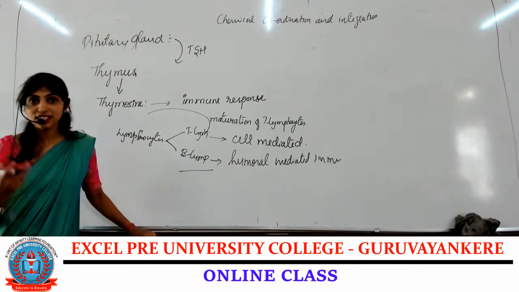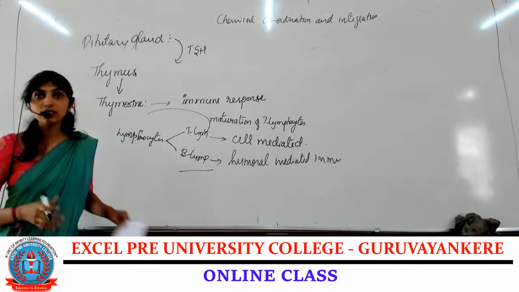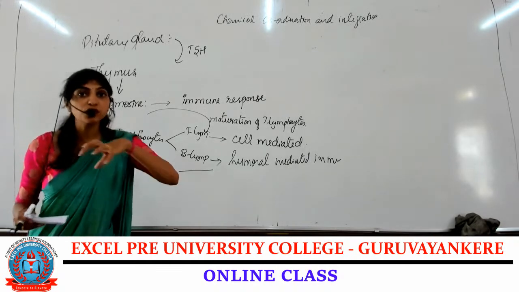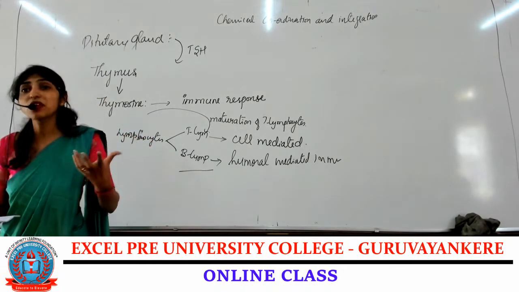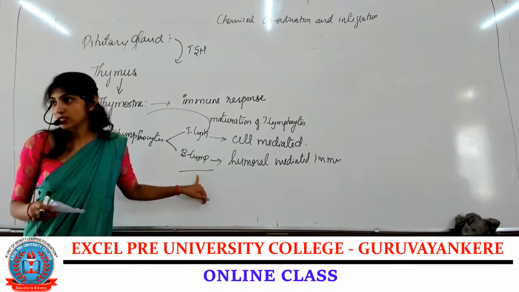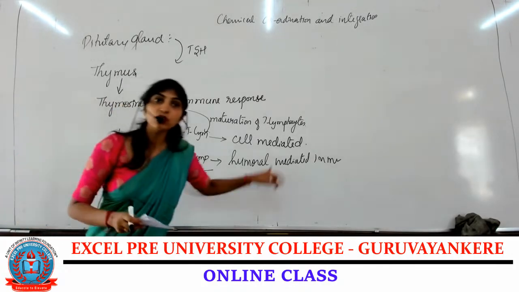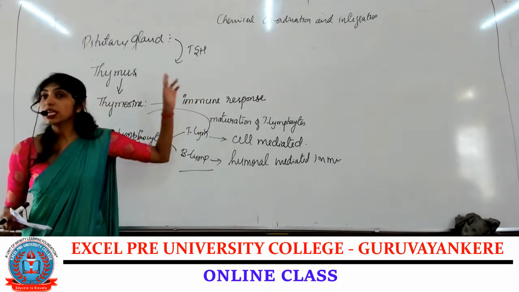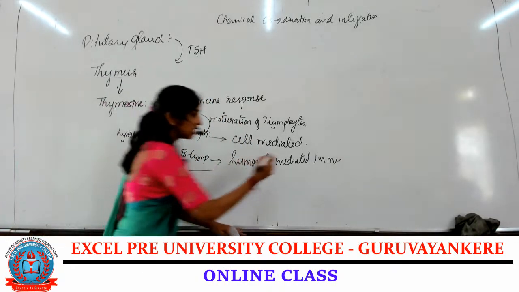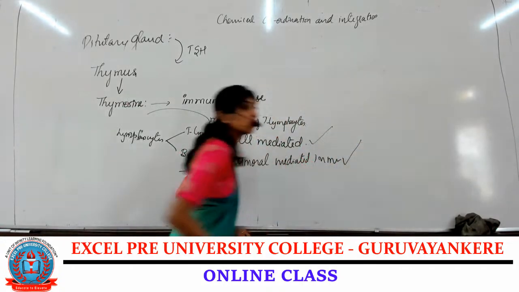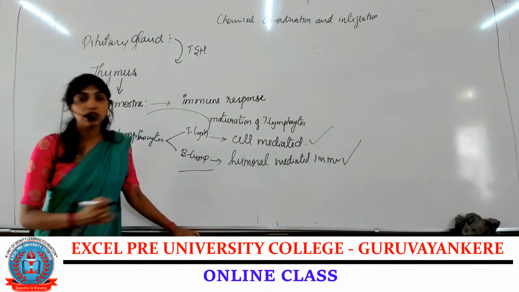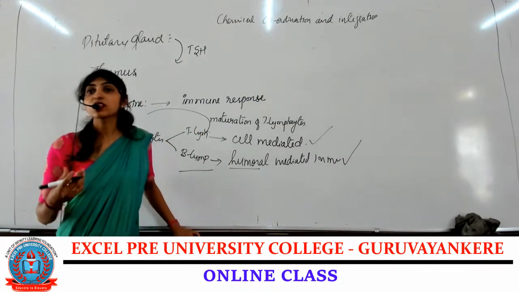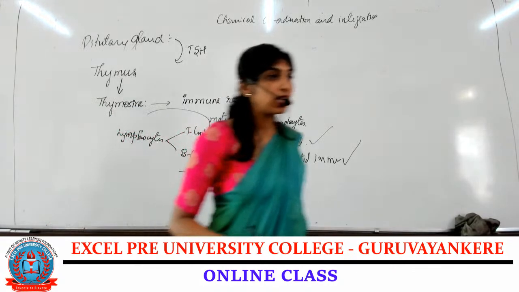And the hormone that helps in their formation is thymosin. That means thymosin shows both cell mediated immunity and humoral mediated immunity. Humoral means blood, that is why we call it humoral mediated immunity.